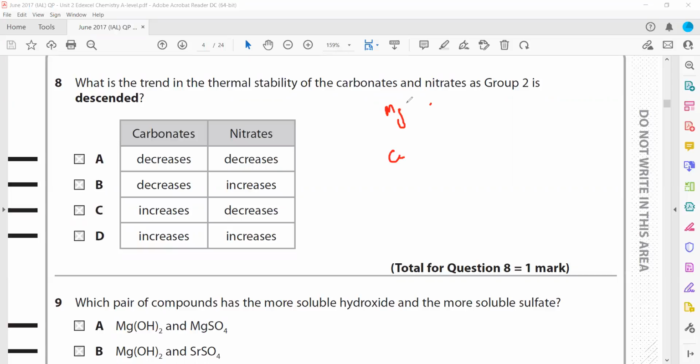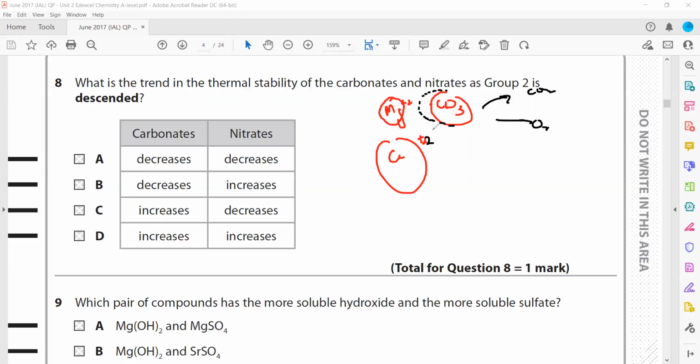If we have magnesium carbonate, the magnesium ion is smaller in size compared to the calcium ion. So the magnesium ion can cause more distortion to the carbonate ion. As a result, it can decompose easily into metal oxide and carbon dioxide.